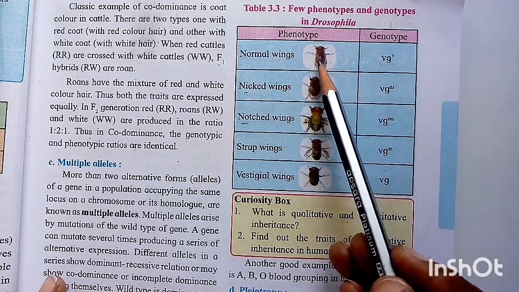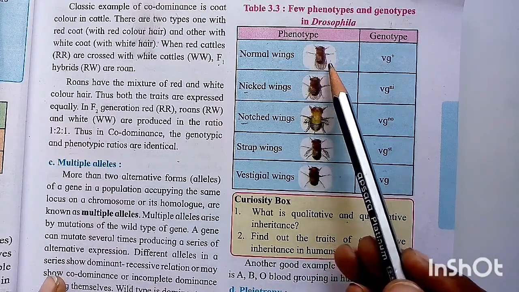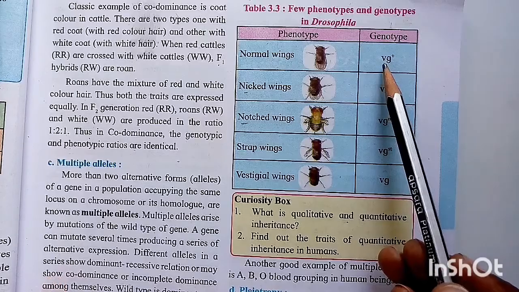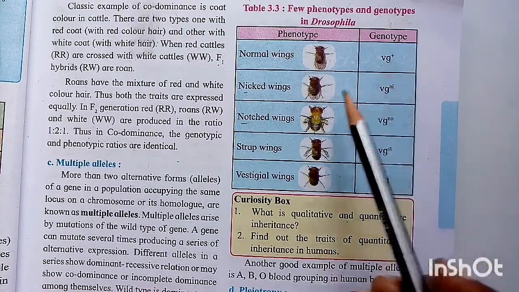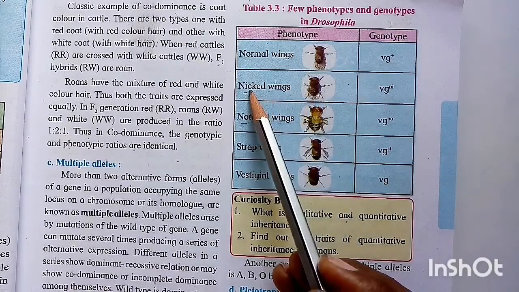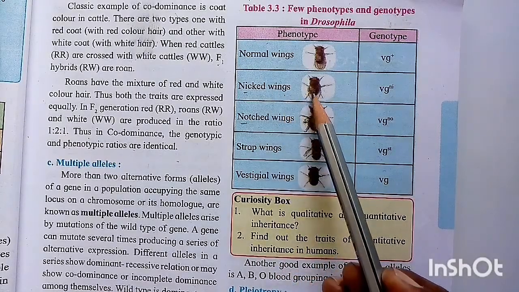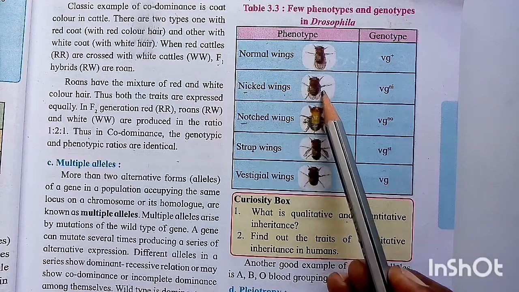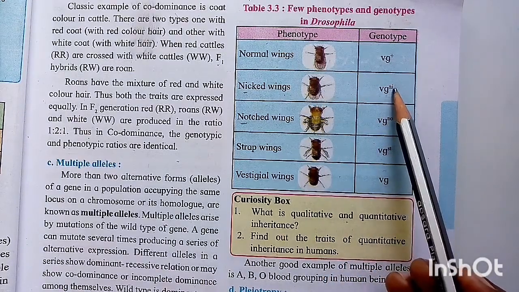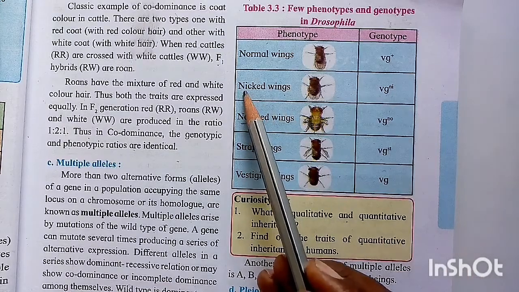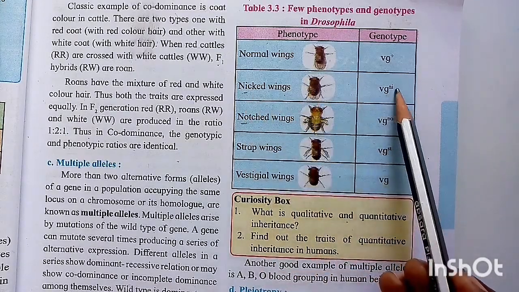This Drosophila will have normal wings and it is denoted by VG+. This is the genotype. The next one is nicked wings. Now the wings may have a cut and it is denoted by VGNI, NI being the first two letters, hence VGNI.